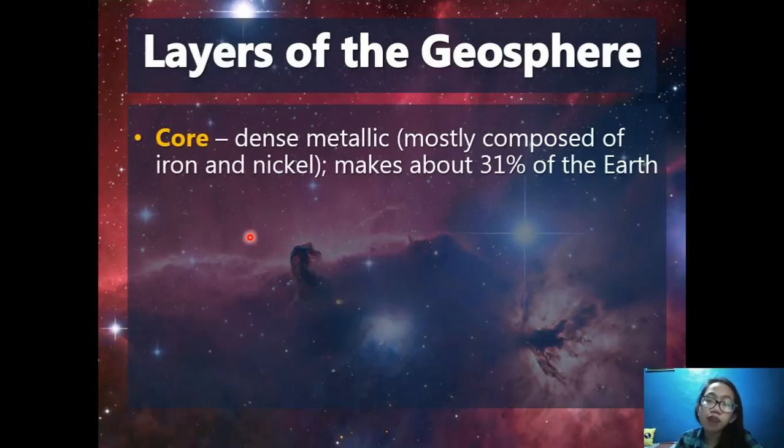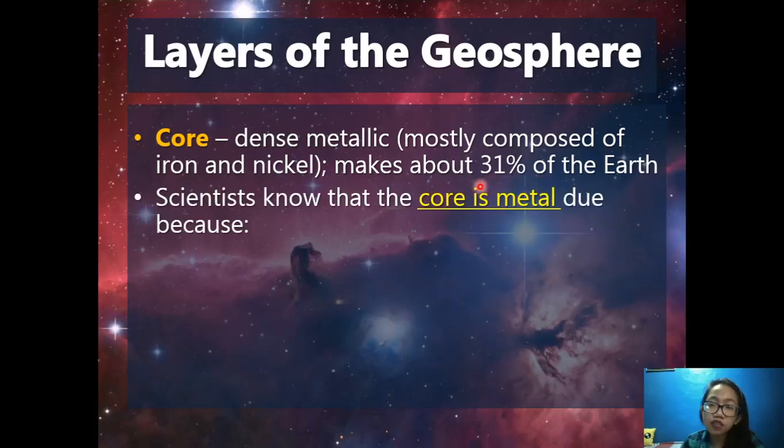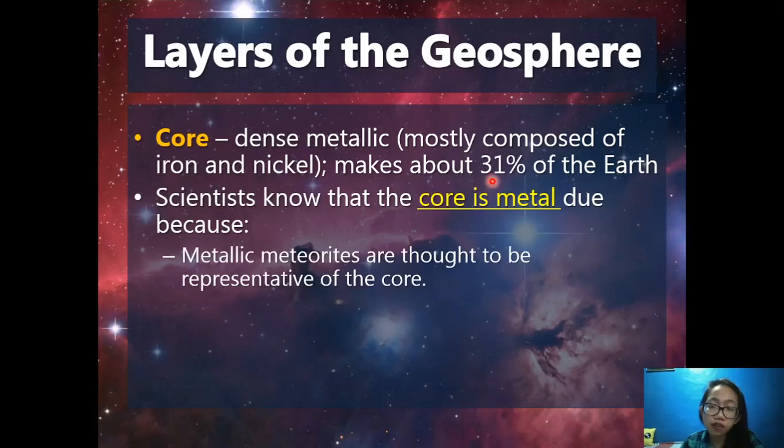Okay, and then we have your core. It's dense and metallic, and is mostly composed of iron and nickel, and composes 31% of our planet. We know that the core is metal because if you study the meteorites that crash on Earth, they should have pretty much the same composition as the Earth, and then you process it under a differentiation process.